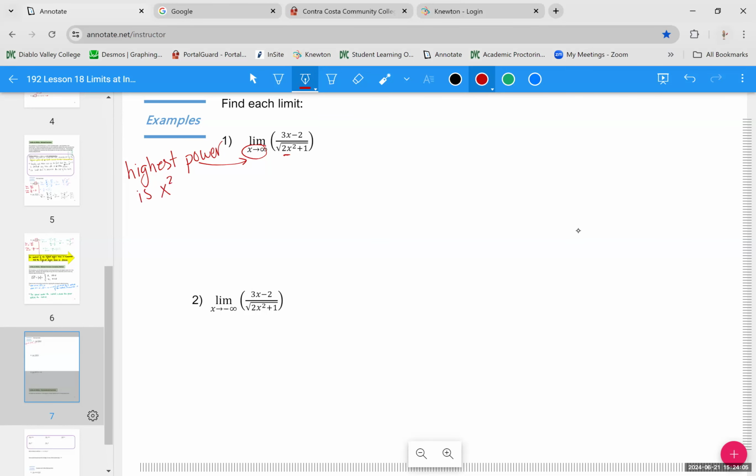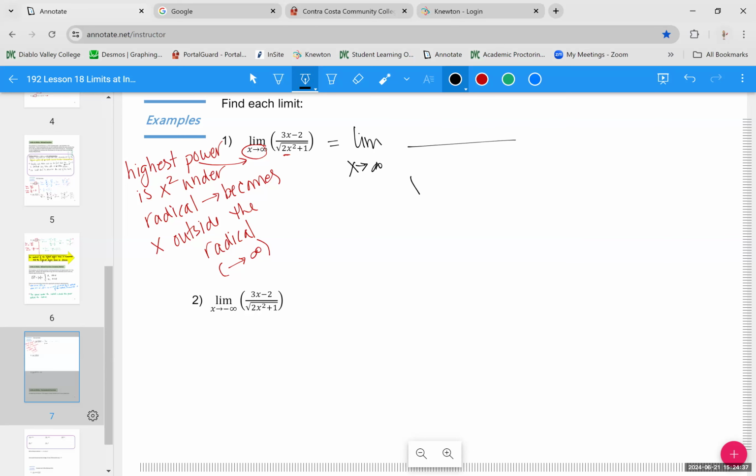is x squared under a square root. Okay. And so that becomes positive x outside the radical because we're approaching positive infinity. So as we go to fill in our limit as x approaches infinity, I'll start with that denominator.